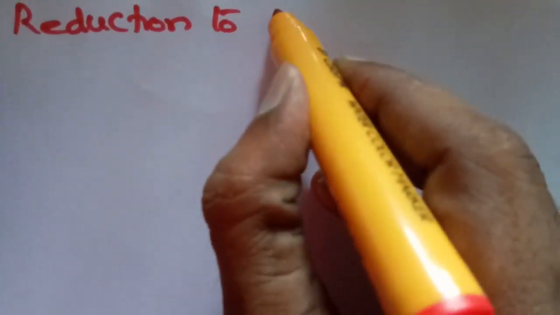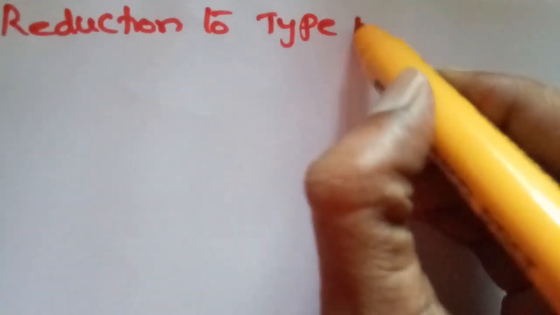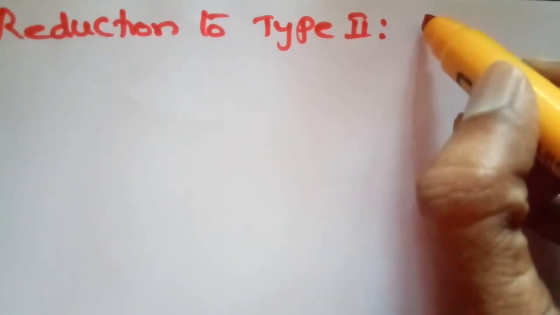Now reduction to type 2, that is Clairaut's form.